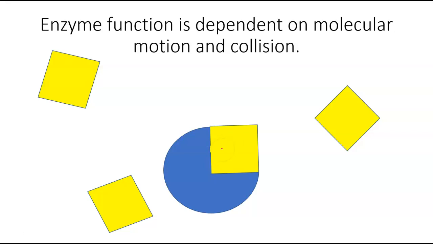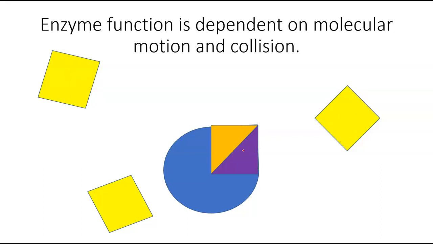And we talk about this success as the collision happening and the enzyme and substrate forming that enzyme-substrate complex. And once they form that enzyme-substrate complex, the enzyme is able to catalyze the reaction. If this is a particular diagram, much like the diagrams we saw earlier in this presentation, and this is an enzyme and these particular substrates are analogous to a disaccharide like lactose or maltose or sucrose, and this is a lactase or a sucrase or a maltase enzyme, it's going to catalyze the breakdown of these disaccharides into the individual monomer components.